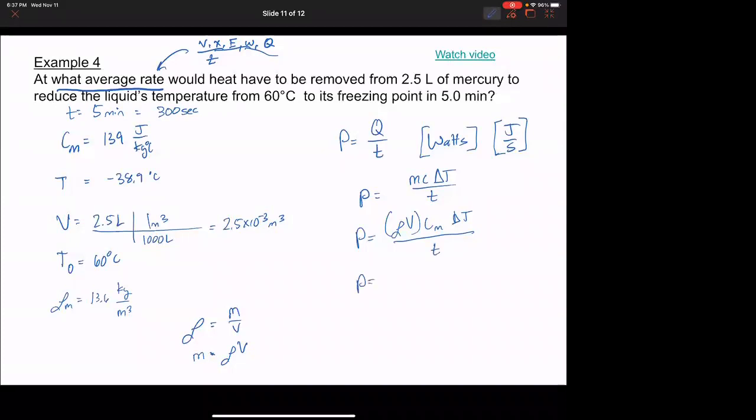So our power is 13.6 times 2.5 times 10 to the minus third times 139 times 60 minus negative 38.9, all over 300.